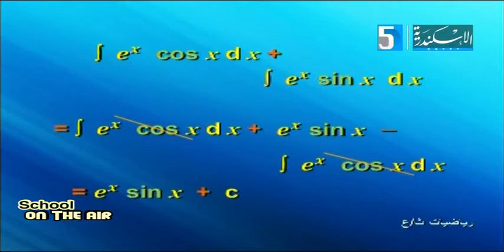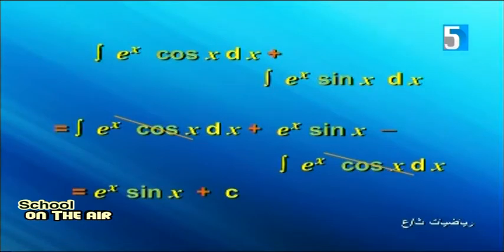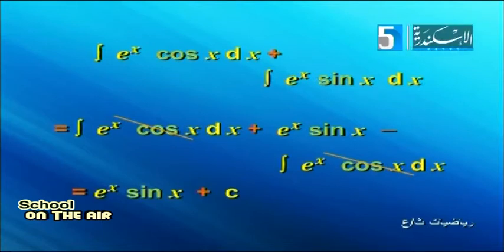In this example, we get the integration of one term of the two terms, and we cancel the integration of e power x cosine x dx with the negative integration of e power x cosine x dx, and we get e power x sine x plus c, which is the integration of the function e power x multiply between two brackets cosine x plus sine x dx.